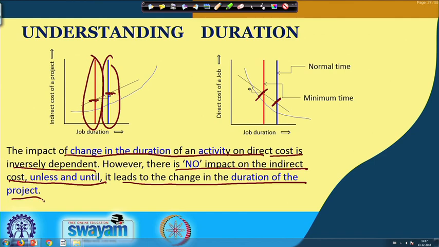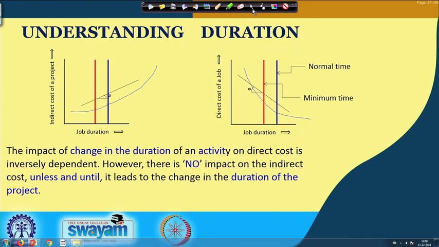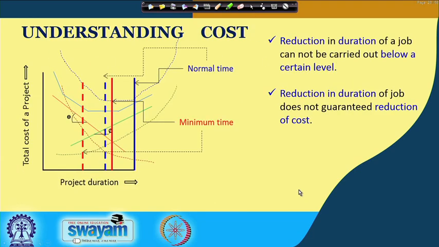If the completion time of the project is not reduced, then the indirect cost will not be reduced, and when the indirect cost reduces, the direct cost will increase. That is the way one has to calculate the financial analysis for the job, whether it should be expedited by crashing or not. So, basically we need to understand duration and costing before expediting any job.